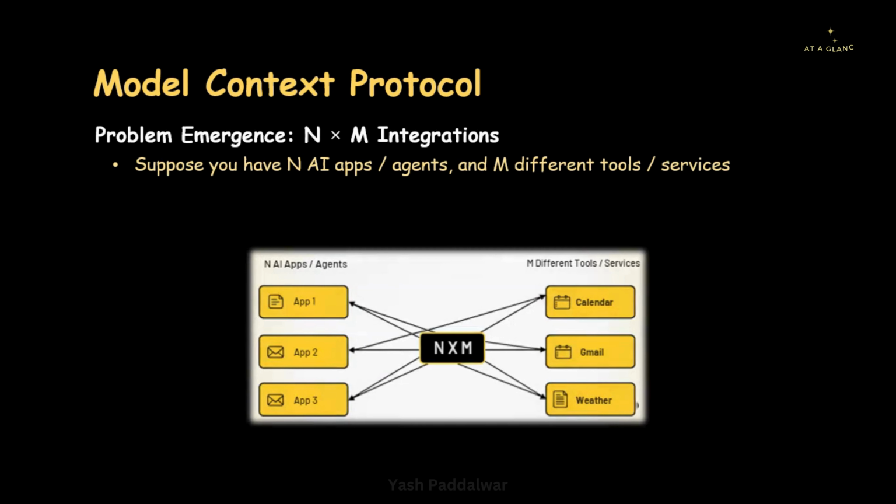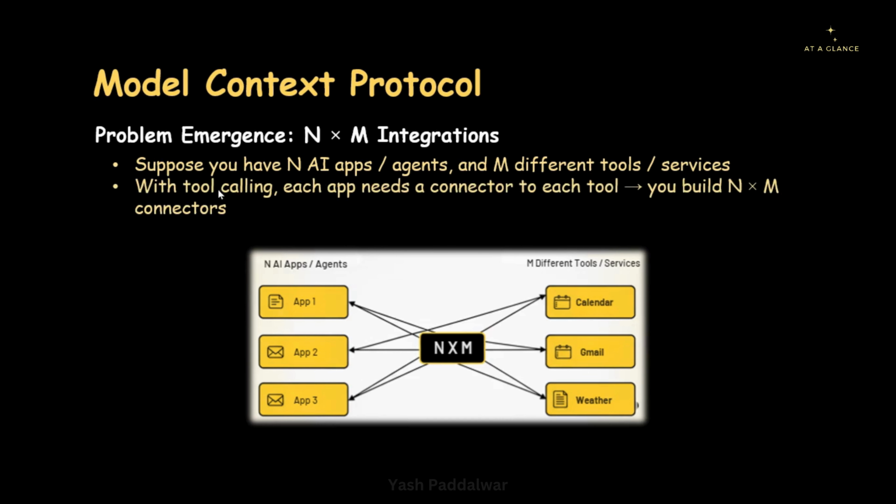Now let's visualize it. We have N agents and M number of tools. With the tool calling method that we discussed earlier, every single app, that is the client, needs a connector to each tool. For example, in your company, let's say you build three chatbots: app 1, app 2, and app 3. Let's say app 1 specifically requires calendar and Gmail.